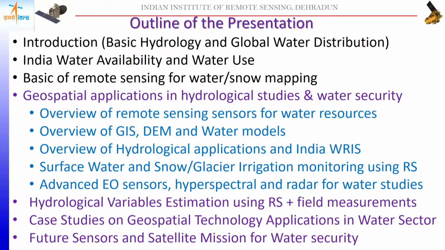And then a few examples related to surface water, snow, glacier studies, and irrigation monitoring, and some of the advanced Earth observation satellites covering the hyperspectral domain and the radar for water studies, followed by how we quantify the various components of the hydrological cycle using the satellite data, and how we combine the field measurements for improved calibration, validation, and further feedback to the retrieval models, followed by a few case studies of geospatial technology applications in the water sources.